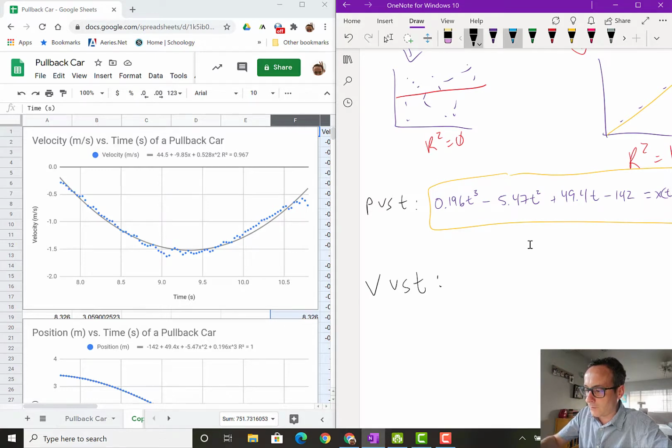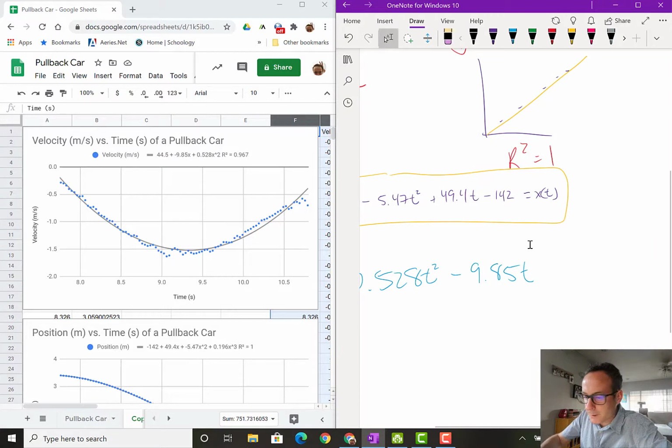And the equation is, starting with the t squared term, 0.528 t squared, minus 9.85 t, plus 44.5. And that's the velocity as a function of time.